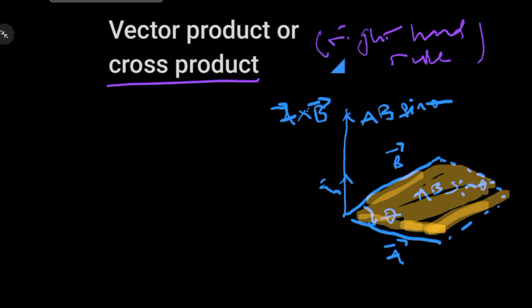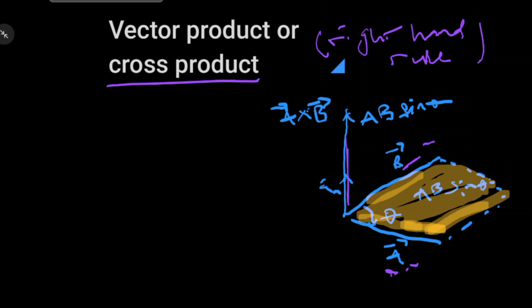So this is what I'm talking about right here. We have, for instance, a vector A and a vector B. The product of these two vectors is going to give us a new vector which is perpendicular to A and B, which is this line you see right here.